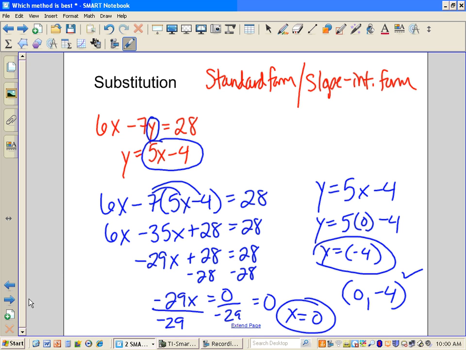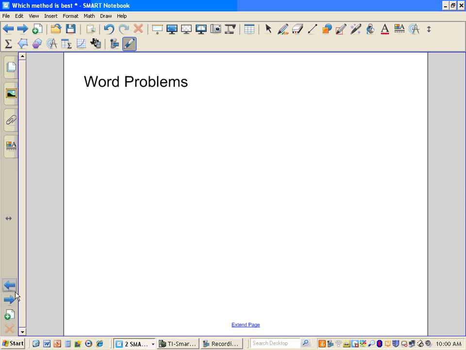I think we're on to the last one, which is some word problems. These are some very typical situations with word problems involving two parts. One might be just a number of items, and then the second part would be the value of the items. Let me give you the example.